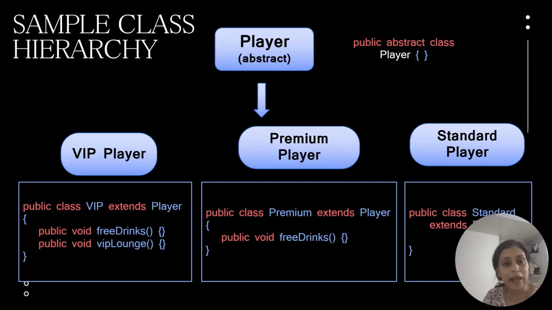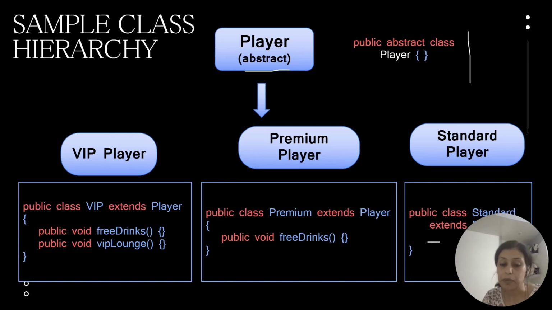Here is the sample code structure of each class. Player is an abstract class. We just want to keep things simple, so we haven't defined any methods in this class. Standard class is a subclass of player. It extends the player class, but it doesn't get any privileges, so there are no methods defined in this class.